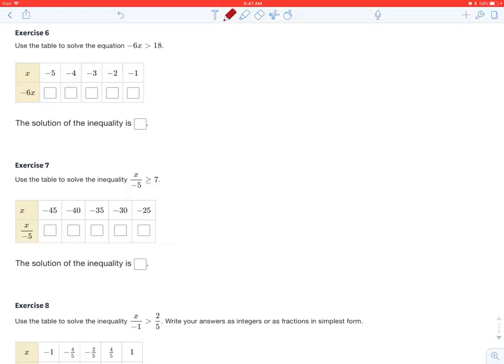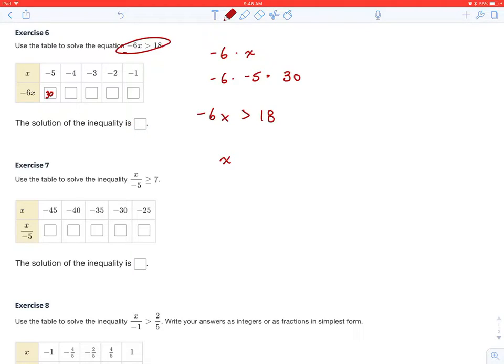For example, this first one, if the value of x is -5 and the expression is -6 times x, we're going to do -6 times -5, which equals +30, and that's the value we plug into this little box. And then you do that for -4, -3, -2, and -1. Furthermore, you're going to take this expression, -6x is greater than 18, and solve that out for x and place the solution into this little box because it wants the solution of the inequality.